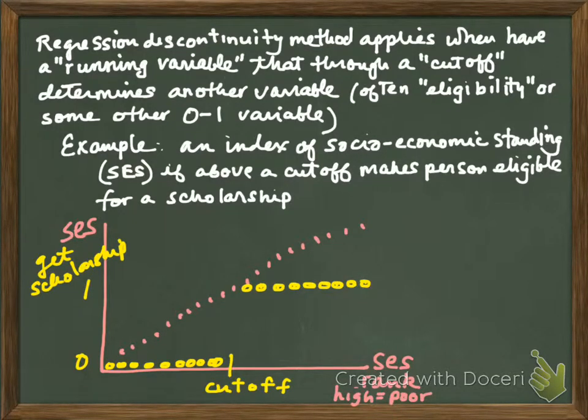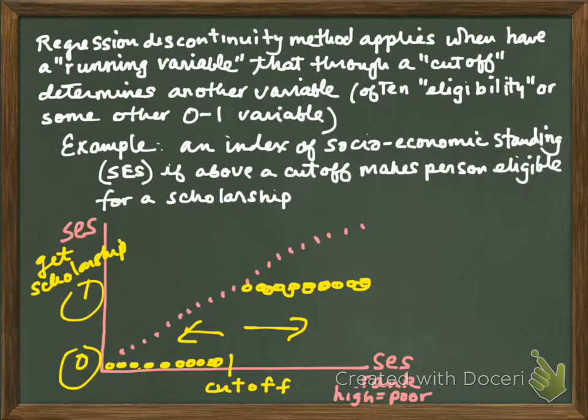But instead of doing that, the people administering the scholarship, for whatever reason, decided that it was just going to be 0, 1. If you're above the cutoff, you get the scholarship. If you're below the cutoff, you don't get the scholarship. So the scholarship recipient variable, which measures whether you get it or not, is a 0, 1 variable, and it's going to be 0 for everybody below the cutoff, and it's going to be 1 for all the people above the cutoff.